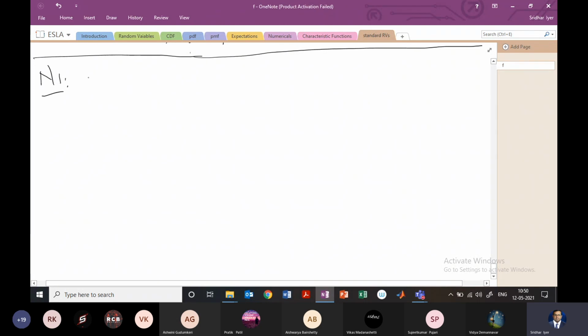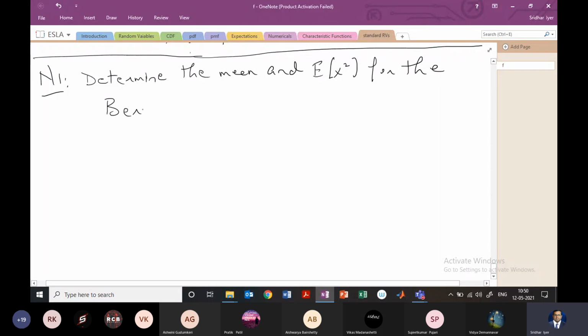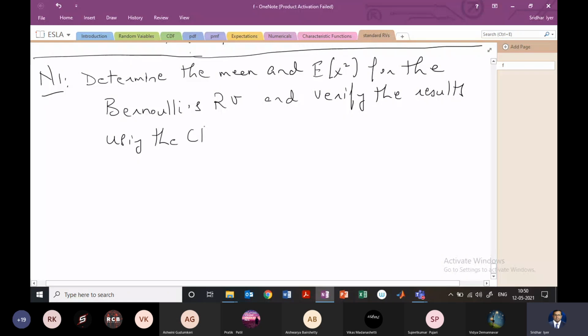So the question is: determine the mean and second moment, that is E of x square, for the Bernoulli random variable, and verify the results using the characteristic function.